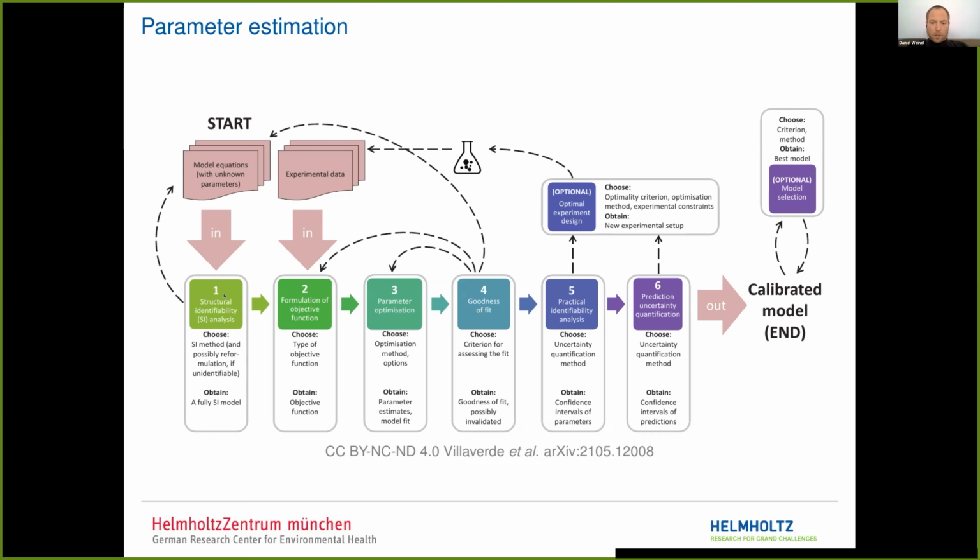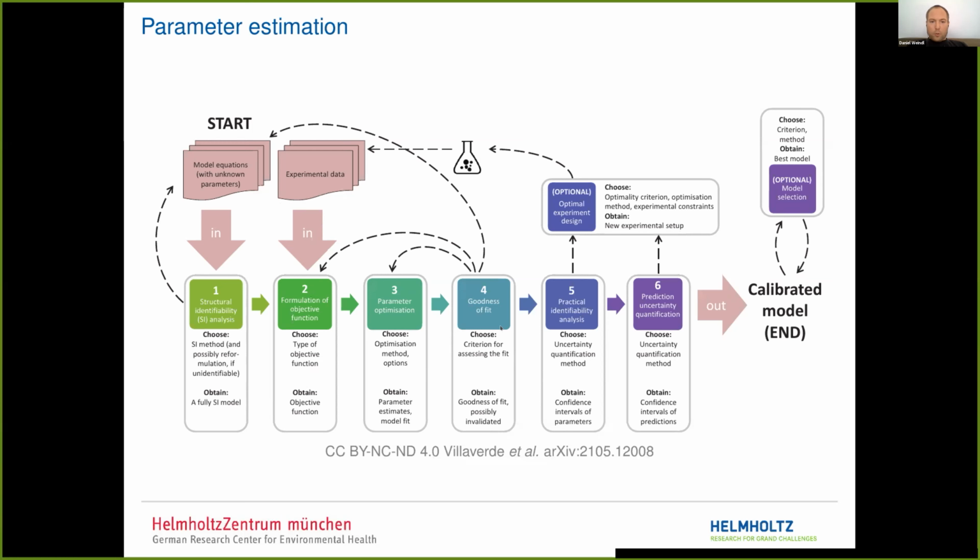There are various steps, some of them optional, but usually we would formulate some objective function and that we use to evaluate the fit of the model to our data. We infer parameters, for example, by optimization.